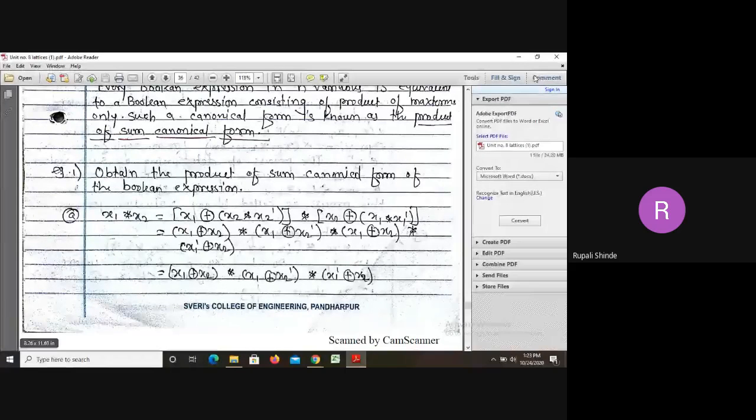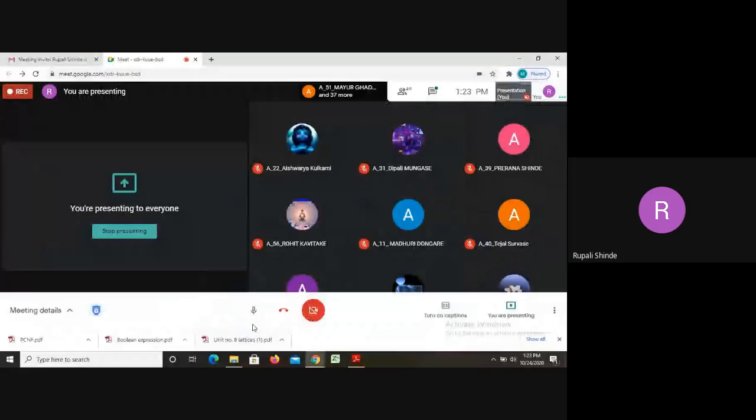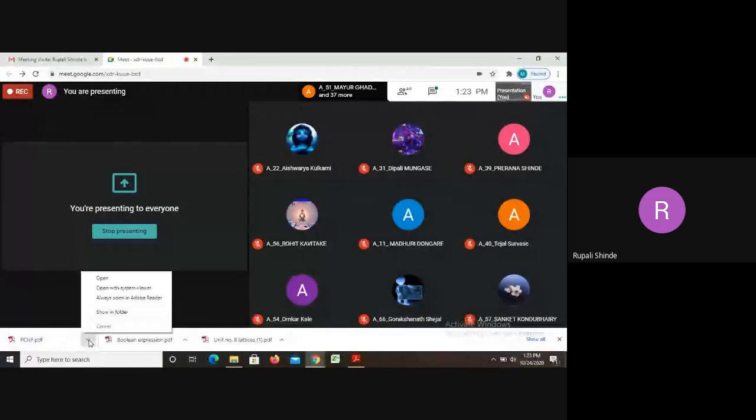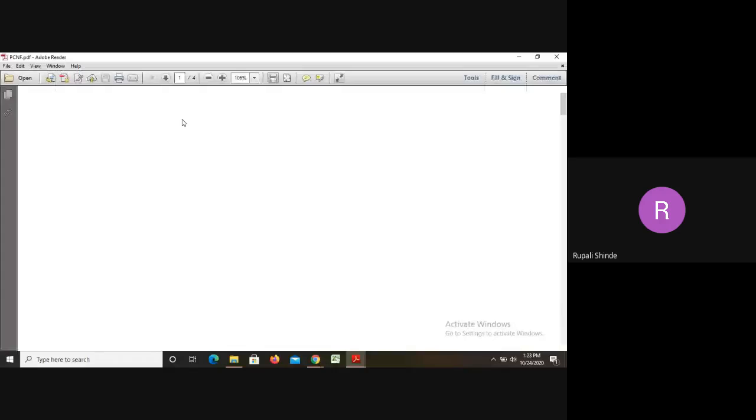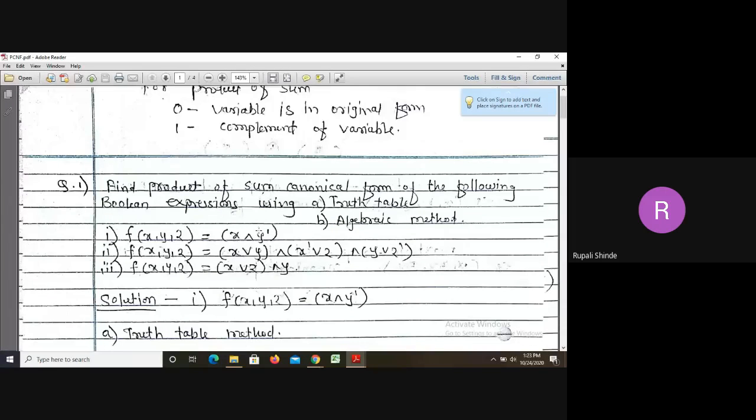Okay, just wait. I will tell you how to solve this kind of example. Here the question is: find the product of sum canonical form of the following Boolean expressions using a truth table and the algebraic method.